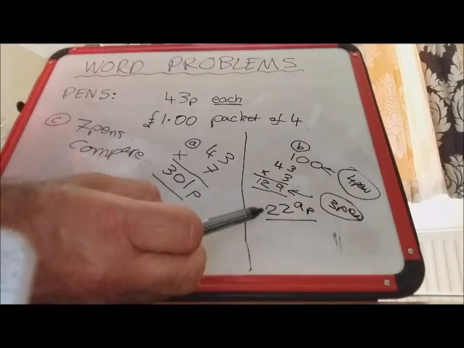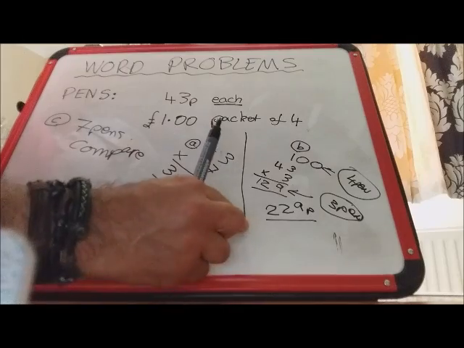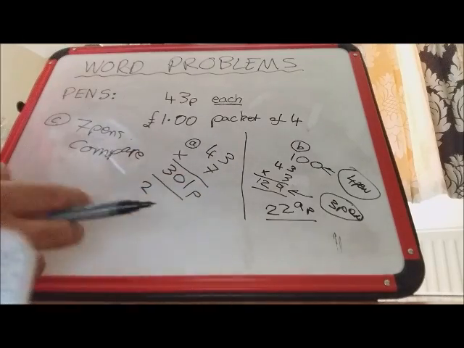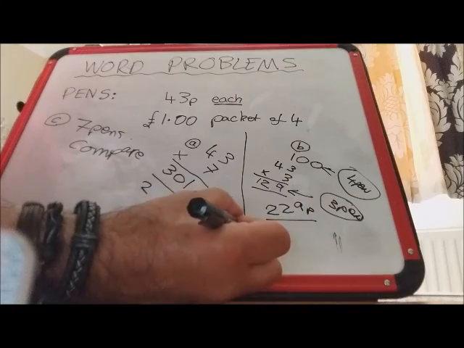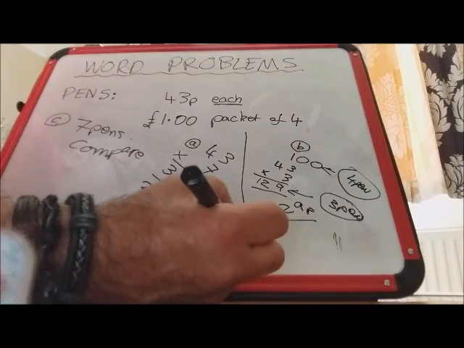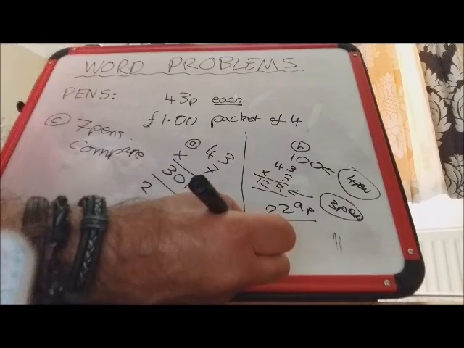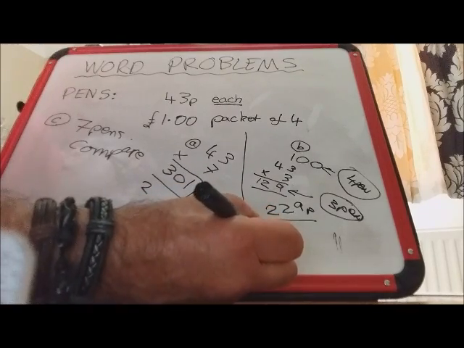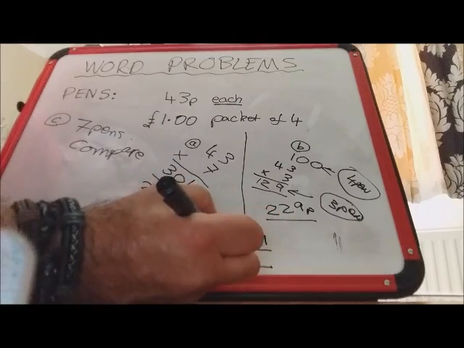You've got to say how much more expensive. So we will do a subtraction with decomposition. Remember, this is for secure and mastery. If you're hoping to get secure or mastery by the end of this year, you should be able to follow this fairly well.